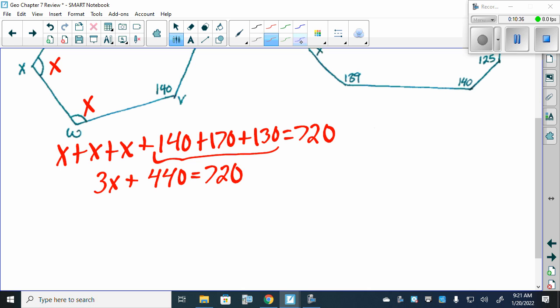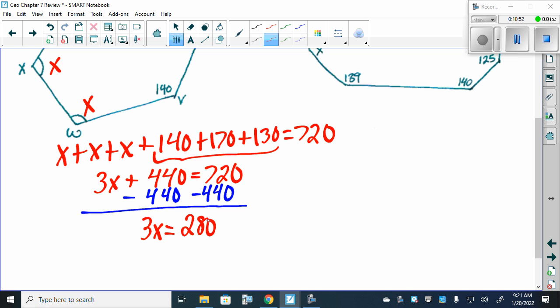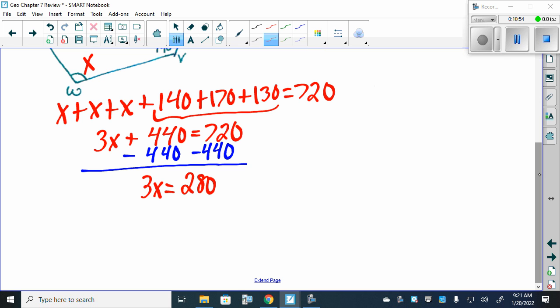Our next step would be to subtract the 440 from both sides. Now this would tell us that 3x is equal to, then we would divide by 3 to figure out what the value of x is.